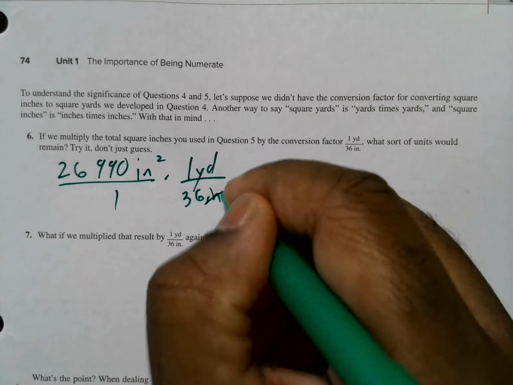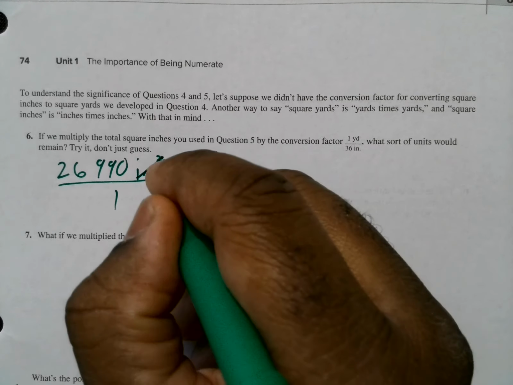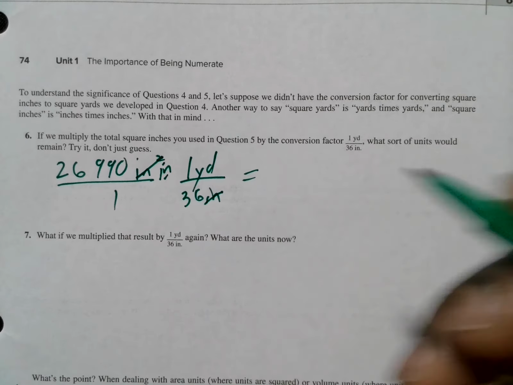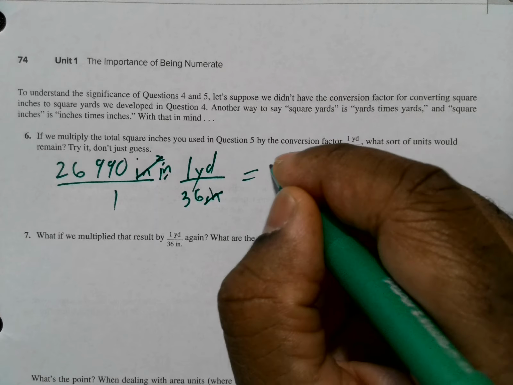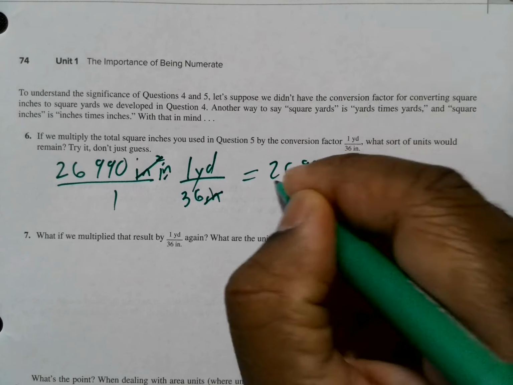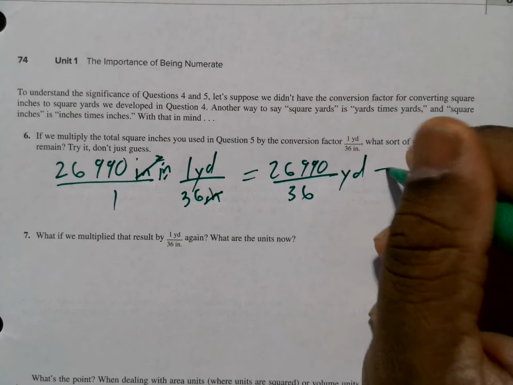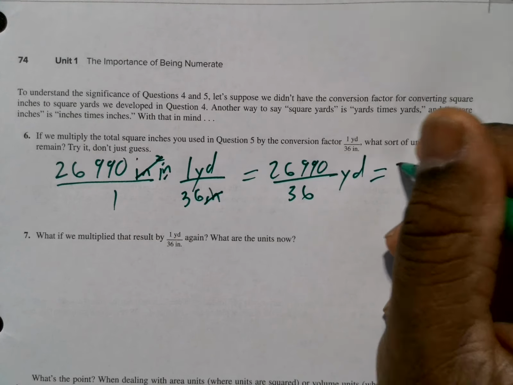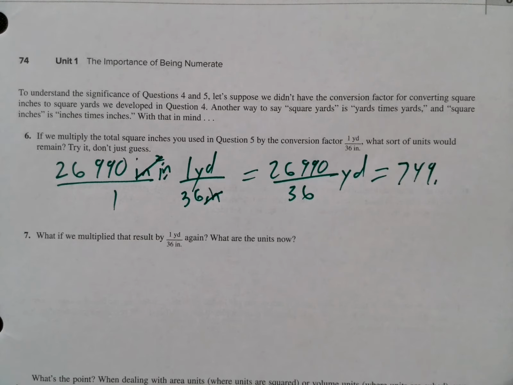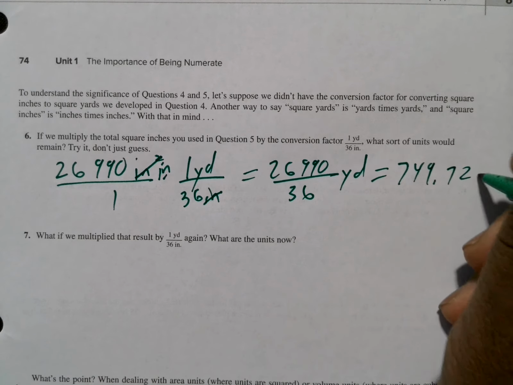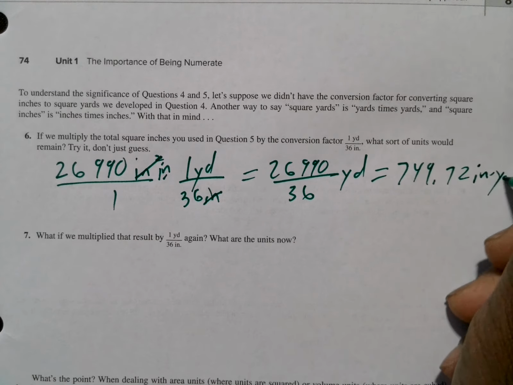Inch squared will simplify out and just leave you an inch. So you add 26,990 over 36 yards. And then when you put this in your calculator, it'll give you 749.72 inches times yards.